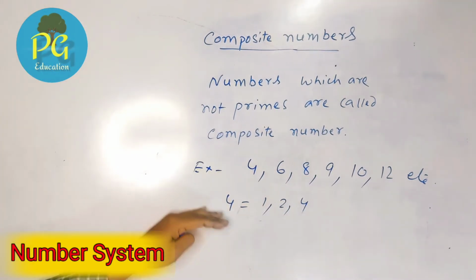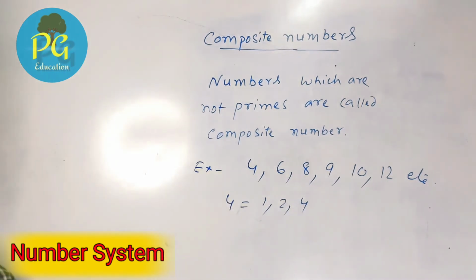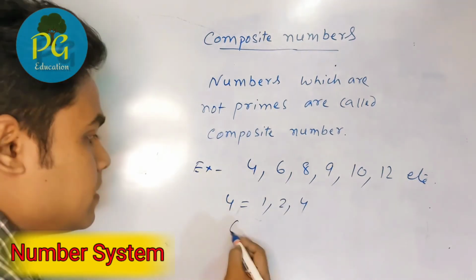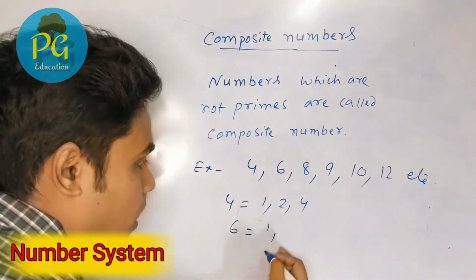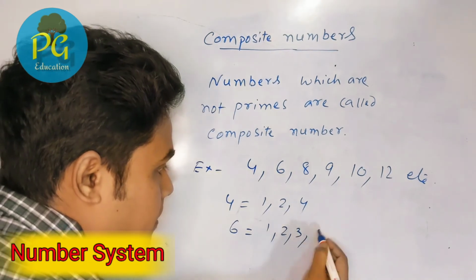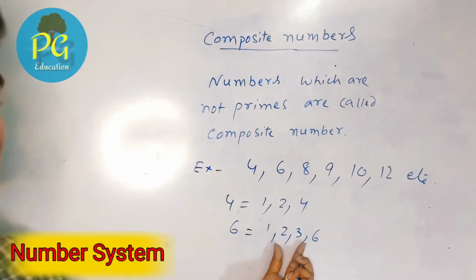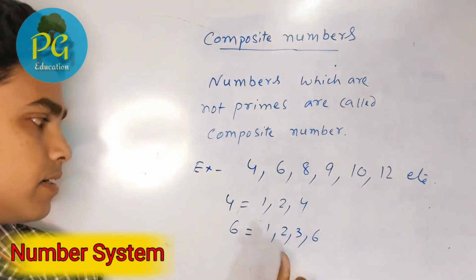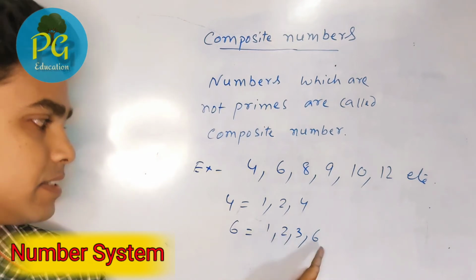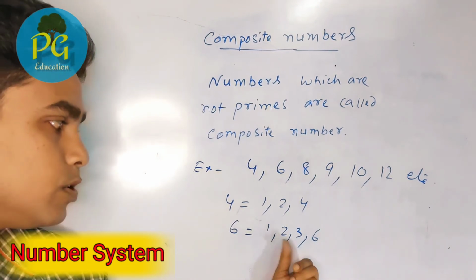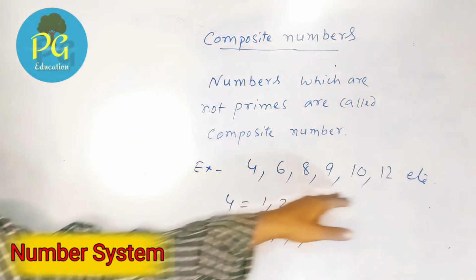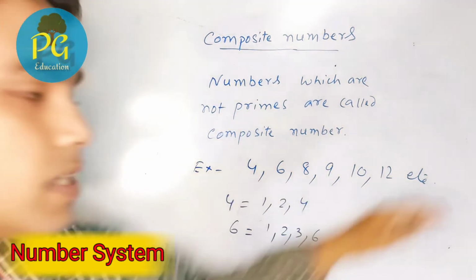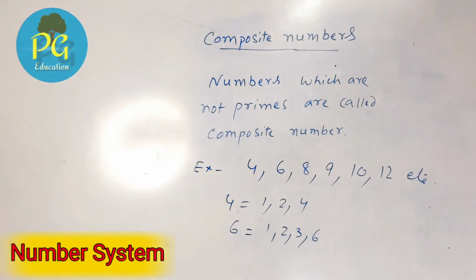So it is not obeying the property of a prime number. So 4 is a composite number. Similarly, divisors of 6 are 1, 2, 3, 6. It has more than 2 divisors, isn't it? So it is also composite. Similarly these numbers are composite numbers. Understood?